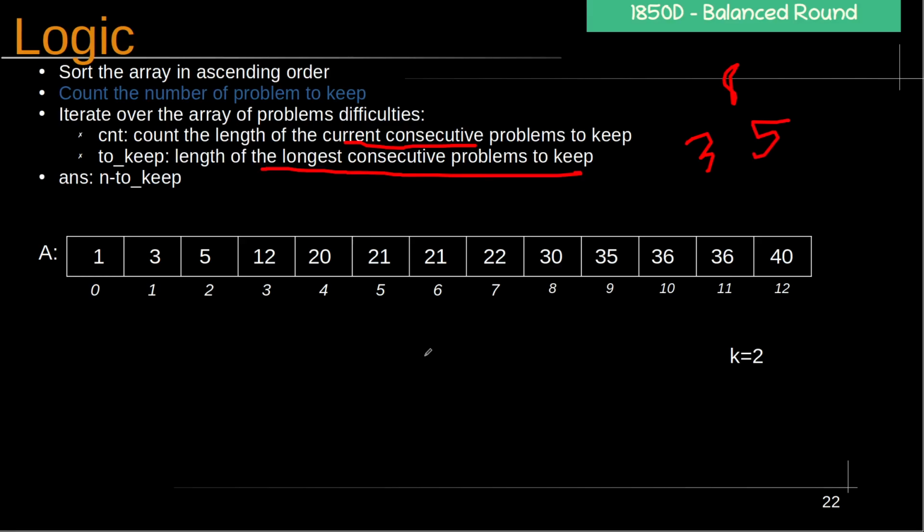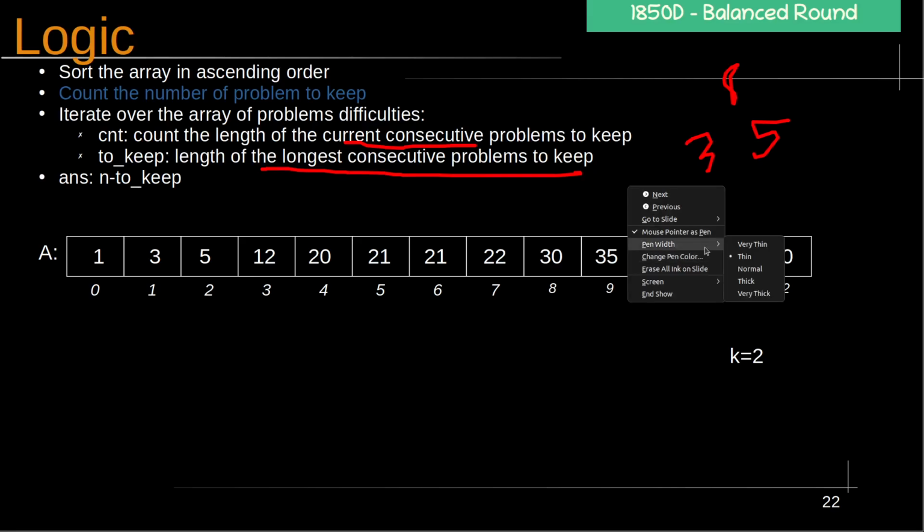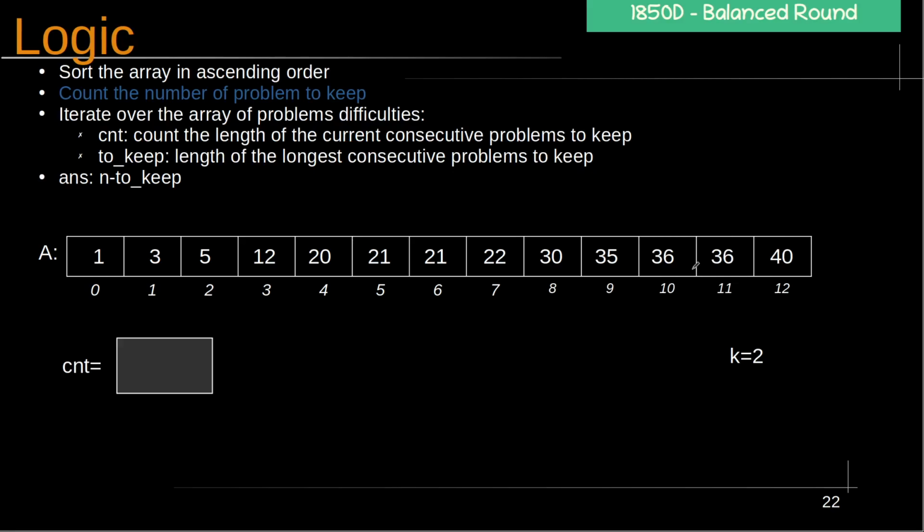Let's run this logic and see how it works. We have two variables, C and T, initialized to 1. Why 1? Because we start by problem 1, assuming that we have one problem in our set.